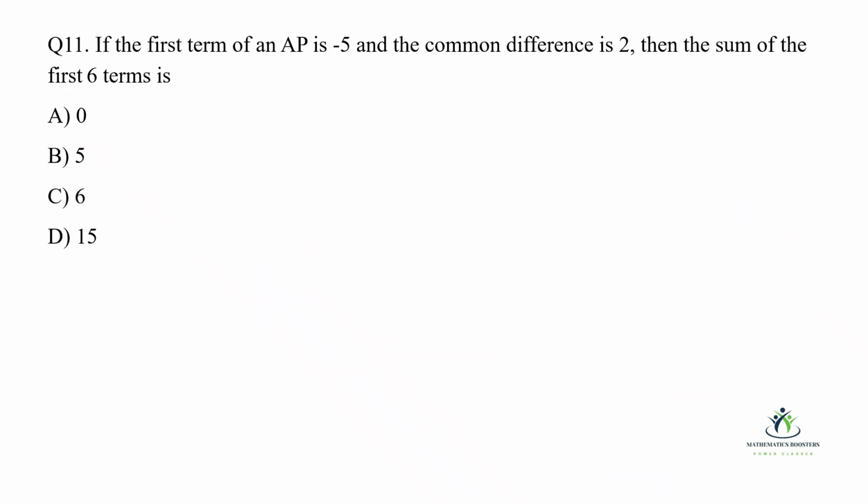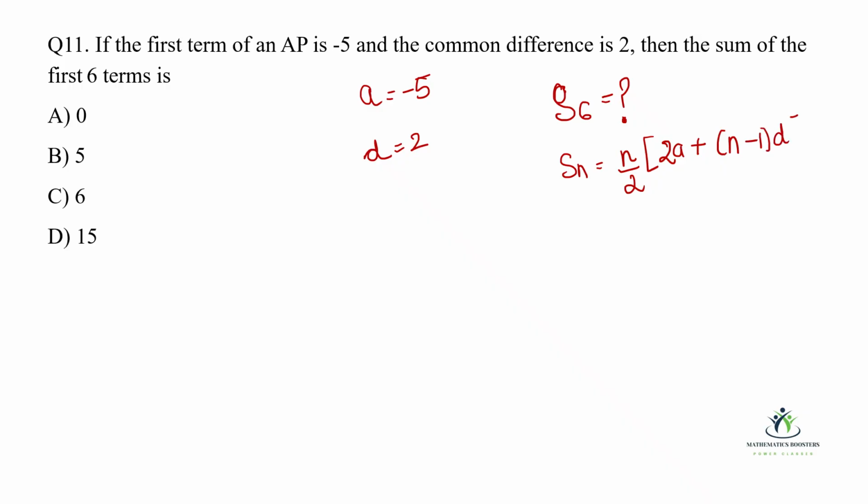First term of an AP is -5. Common difference is 2. You need to find the sum of 6 terms. So what is the formula of Sn? n/2 [2a plus (n minus 1)d]. This is the direct formula. इसको learn करना पड़ेगा. n 6 है, 6 upon 2. a is -5.